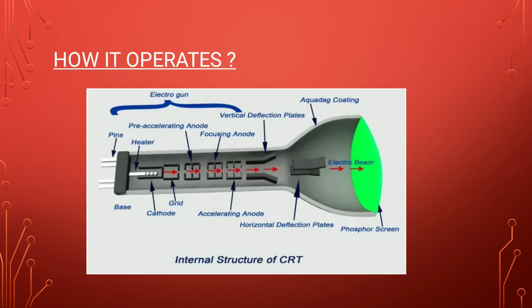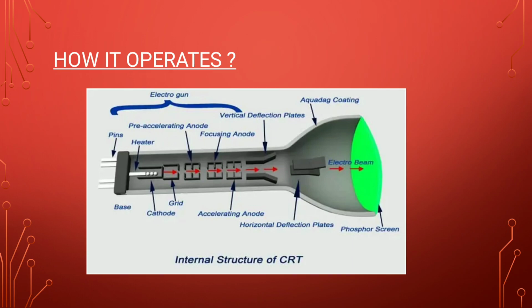The CRT is the device which converts electrical signals into visual signals. When voltage is applied, it converts into current, and then it converts into visual signals.